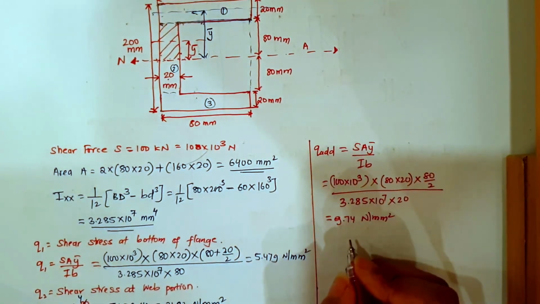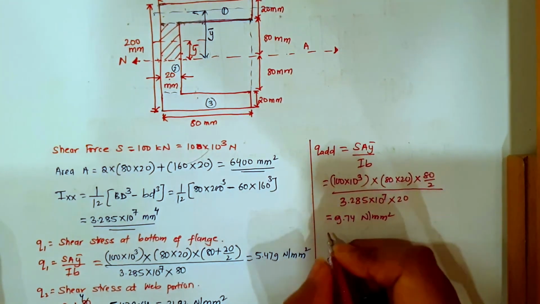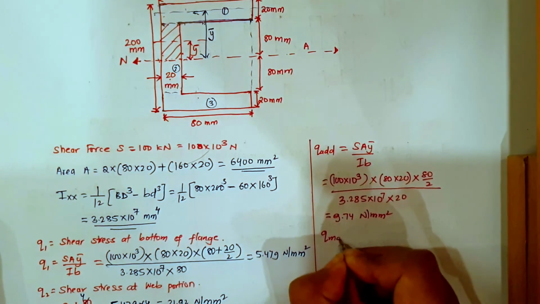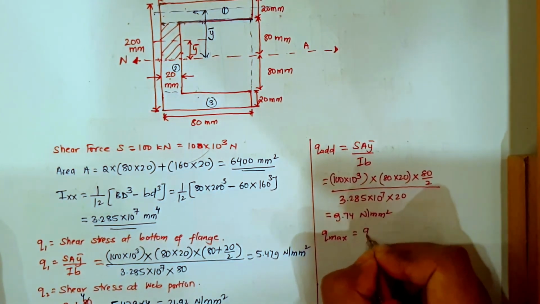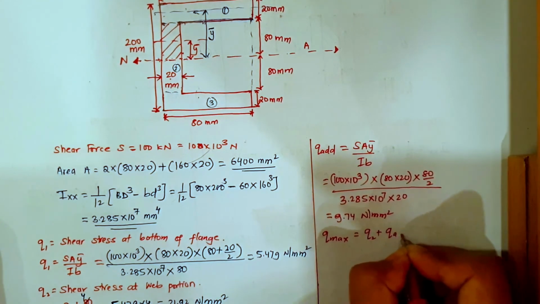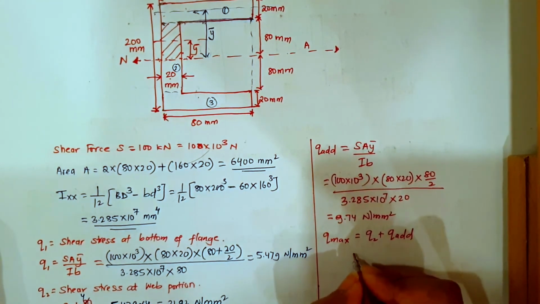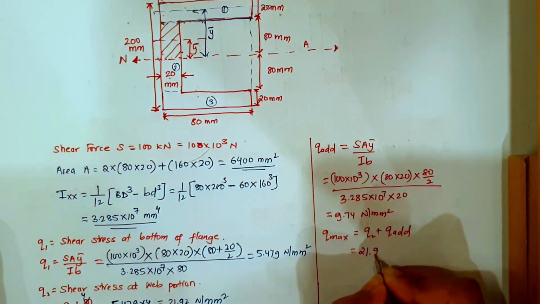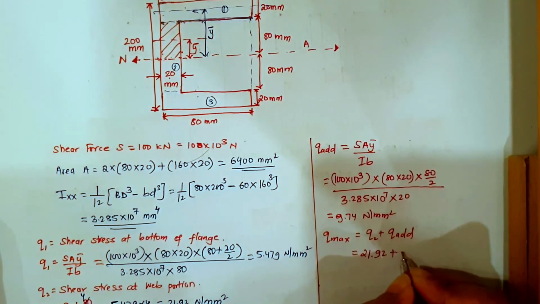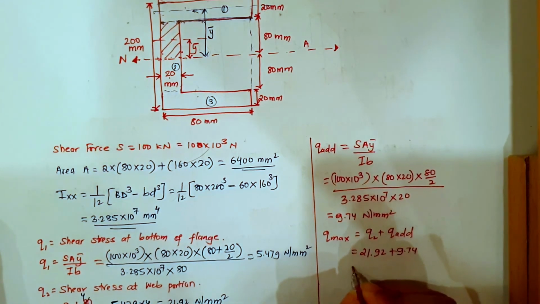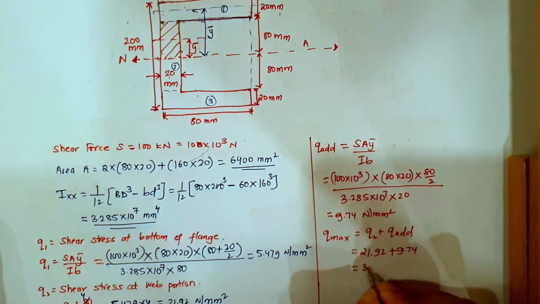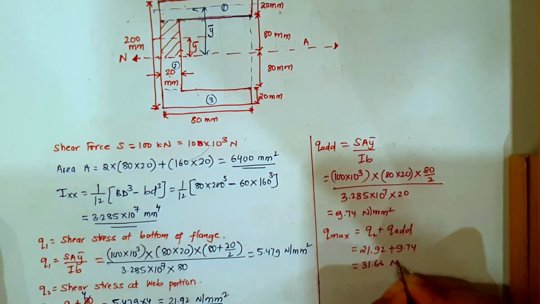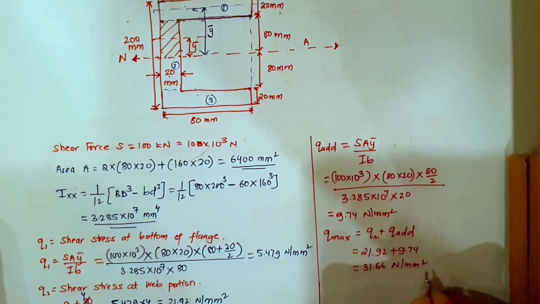Now if we find maximum shear stress, Q max will be equal to Q2 plus Q add. So how much did we get? Q2 came 21.92 plus 9.74. 9.74 is Q additional. So this will give you value equal to 31.66 Newton per mm square.